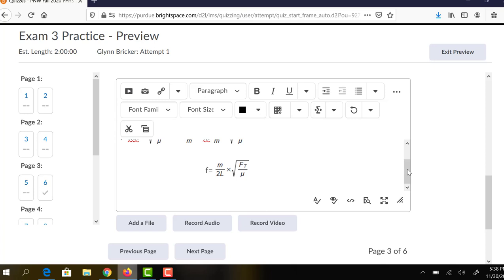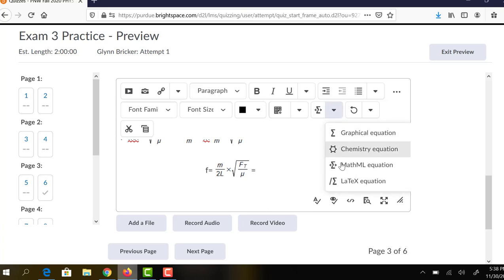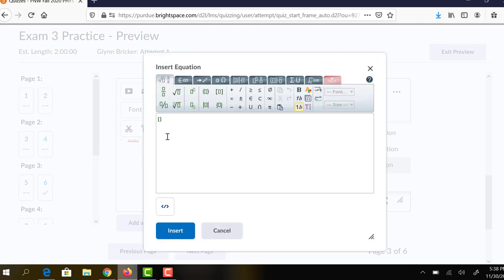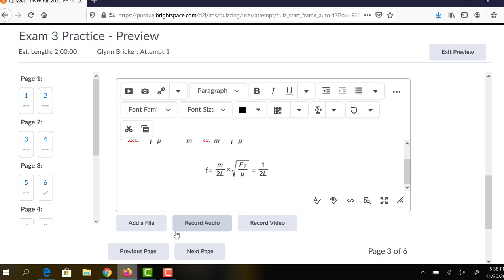So the fundamental frequency, that's when m is equal to 1, so I can use that. So I would have 1 over 2L, so this would be 1 over 2L. And then I still have the square root of the tension divided by the mass per length.